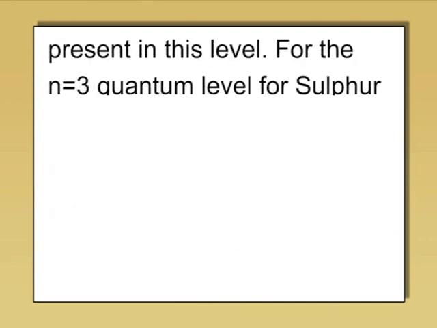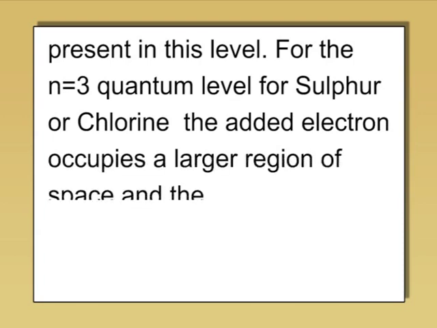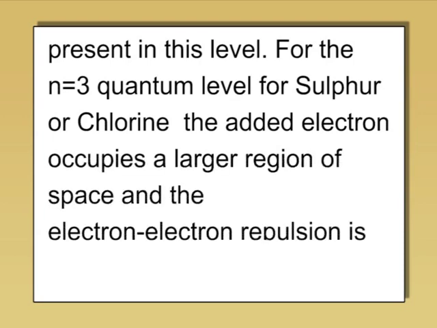For the n equal to 3 quantum level for sulfur or chlorine, the added electron occupies a larger region of space and the electron-electron repulsion is much less.